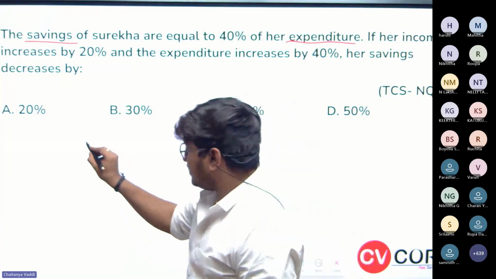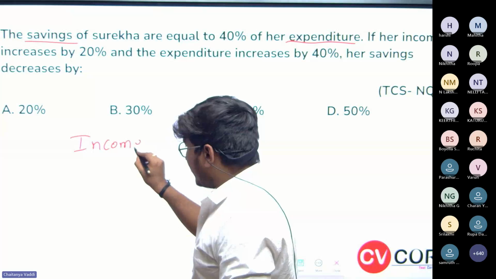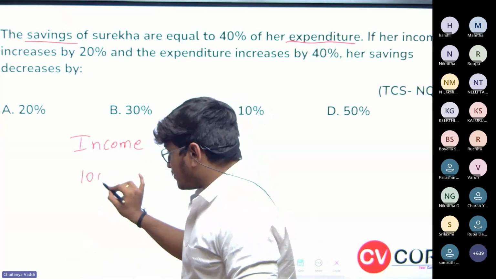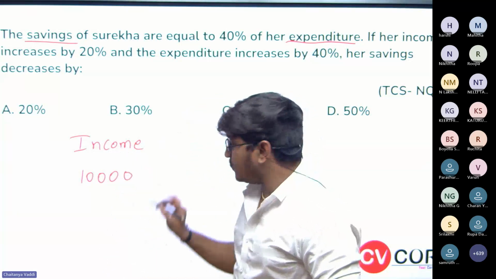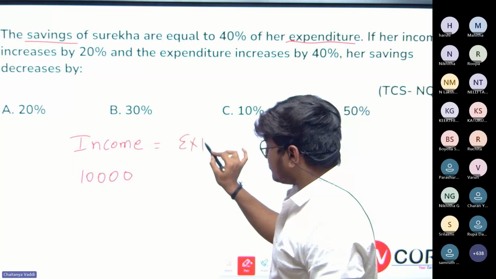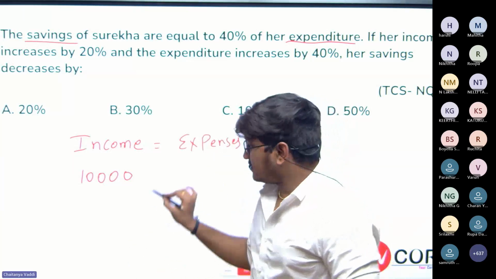I'll give you one small example. Let's say my income is 10,000 rupees. Income is equal to expenses plus savings.